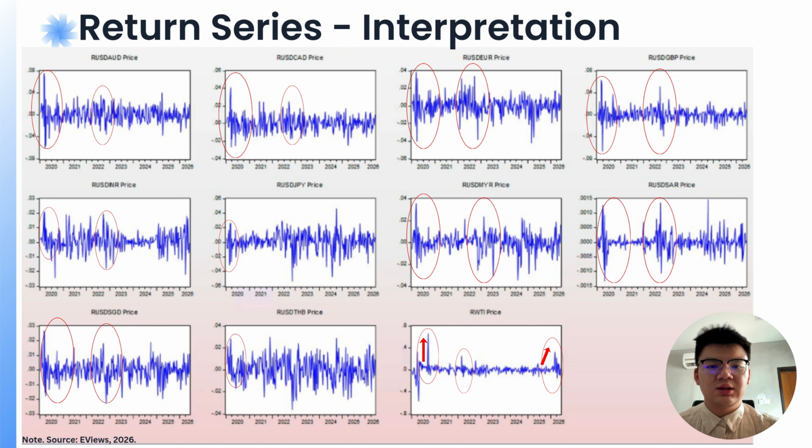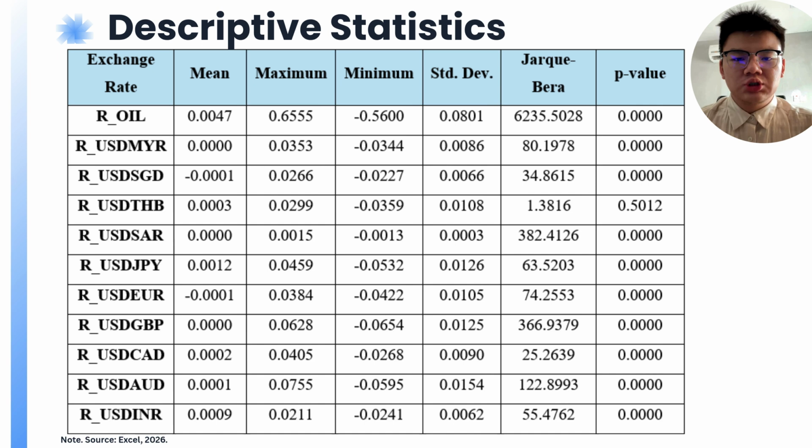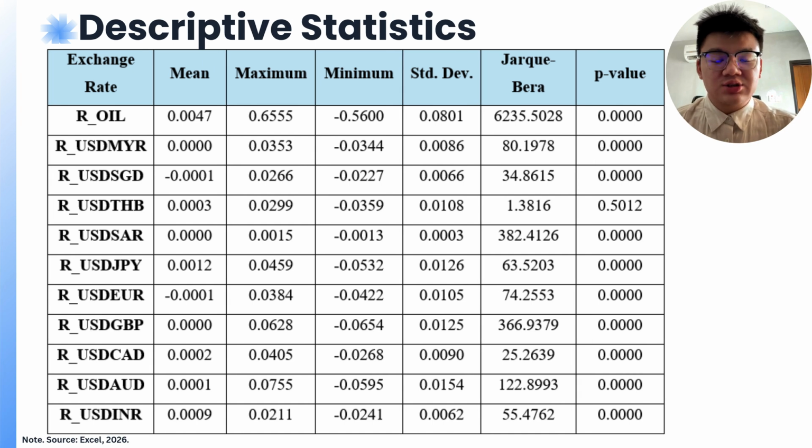So basically, the return series line graph is actually the same story as the raw series data. Thank you. So next, let's take a look at the descriptive statistics for the return of oil and the return of 10 different exchange rates.